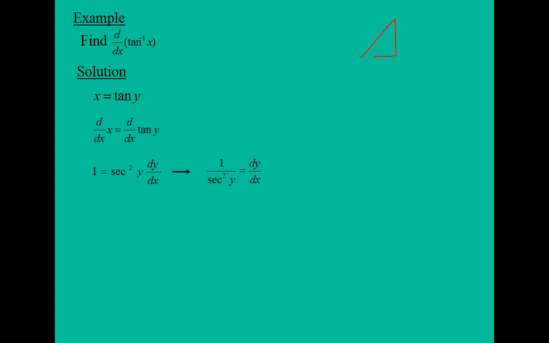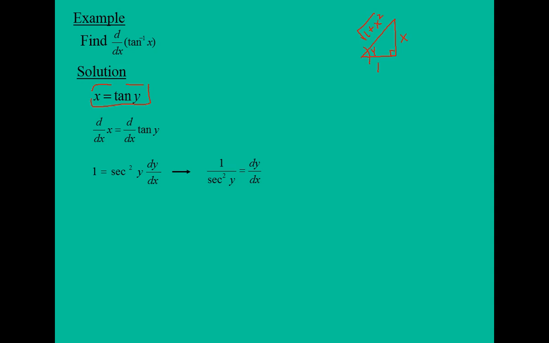We could build a right triangle, and we could say this is angle y, and go back to this relationship, and we know the tangent of an angle is the opposite over the adjacent. Therefore, the hypotenuse would be the square root of 1 squared plus x squared.